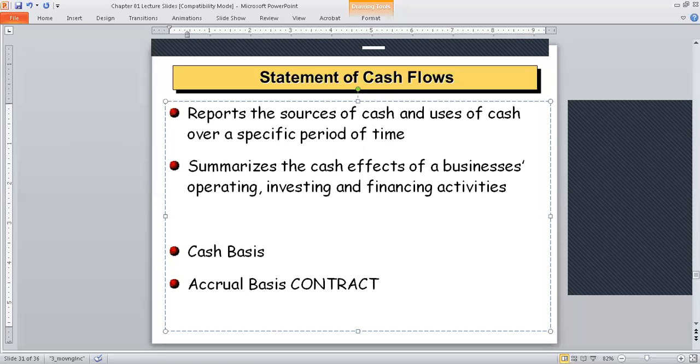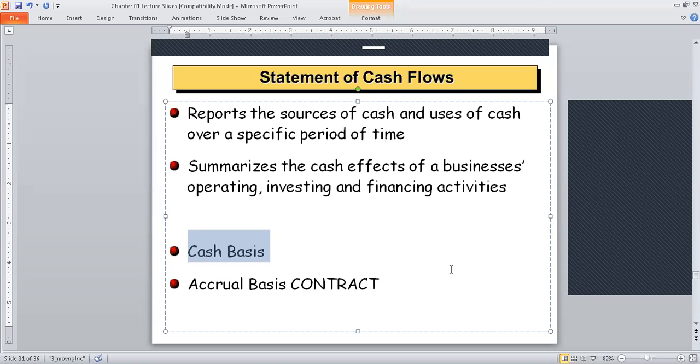The income statement, the retained earnings statement, the statement of stockholders' equity, the balance sheet, they all follow the accrual basis of accounting. But the statement of cash flows follows the cash basis. It's kind of off on its own, doing its own thing. It's different than the other financial statements, and it's the last one that gets prepared.